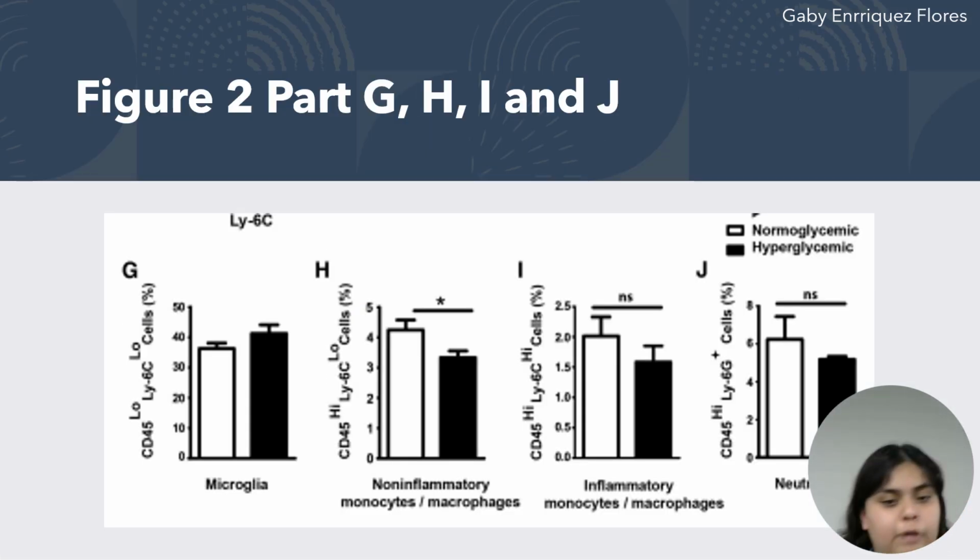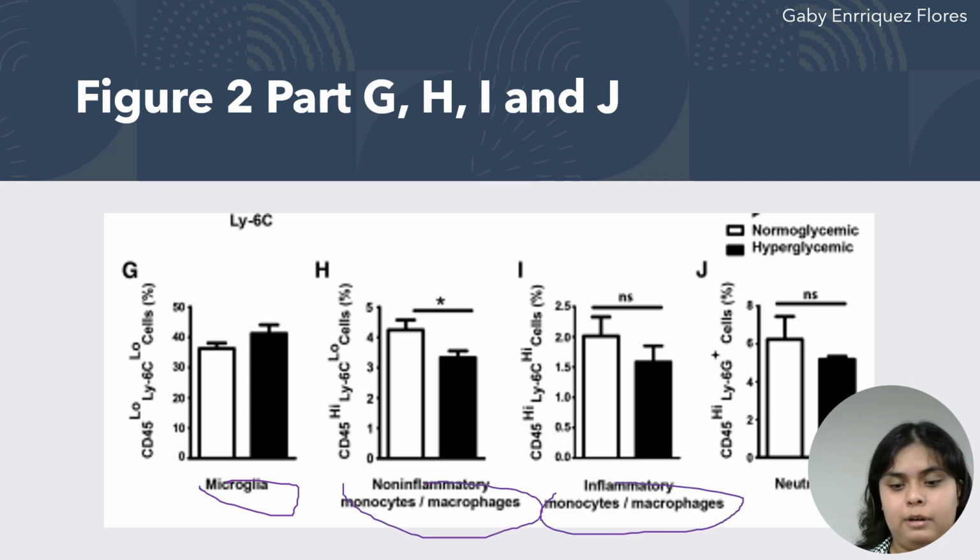So now we're moving on from graphs A through F to parts G through J. Basically, G through J is a quantification of the ones that you can see on screen: microglia, non-inflammatory monocytes and macrophages, inflammatory monocytes and macrophages, and neutrophils.